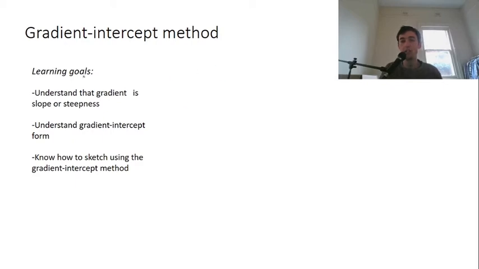Okay, so the first thing we have to understand is that gradient is the slope or the steepness of a graph. So, if I have a line, this line is kind of steep, but not very steep.